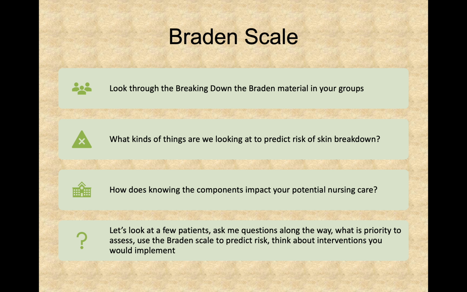Are they confined to a chair? Do they get up and mobilize? Maybe a little bit. Maybe they walk to the bathroom a couple of times a day. Or do they walk really frequently? When someone has increased mobility, then it stands to reason that they are able to reduce pressure on those points, as opposed to someone who is maybe completely bedridden and not able to mobilize whatsoever.